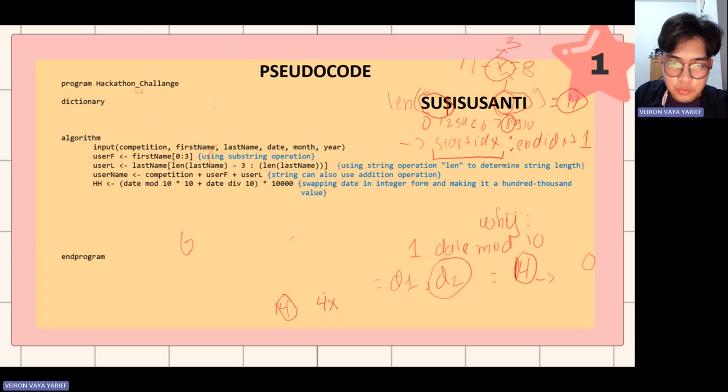But first, we need to make it become 40 something. How do we make this? After we take it, we multiply it by 10 to make it 40, right? After that, we need to add the first digit. How do we take the first digit? Date of birth is always two digits, right? So if you have 14, how do you get 1? You div by 10.